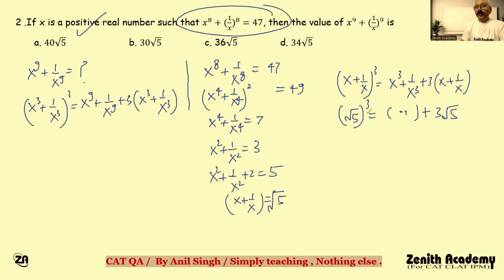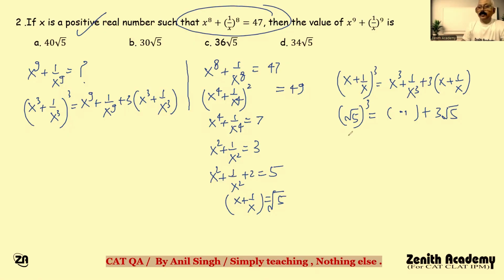Root 5 whole cube is going to be 5 root 5. So 5 root 5 minus 3 root 5 is equal to x cube plus 1 upon x cube, which means it is 2 root 5.